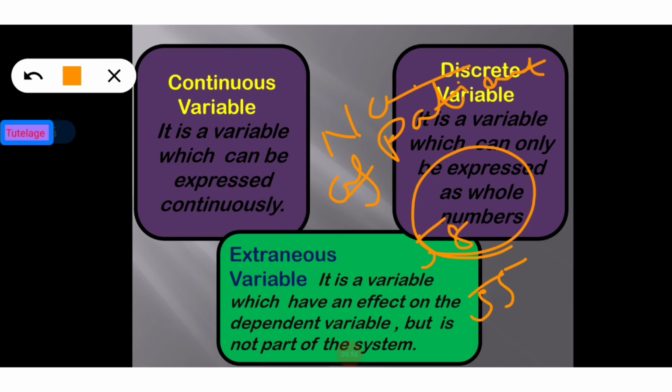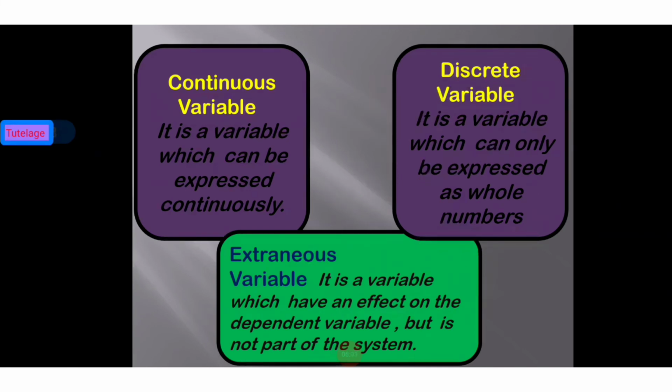So the number of patients is not a continuous variable. It is always a discrete variable and it is expressed as a whole number only, like 100, 120, 140, etc. Now move on to the next one, that is the extraneous variable.